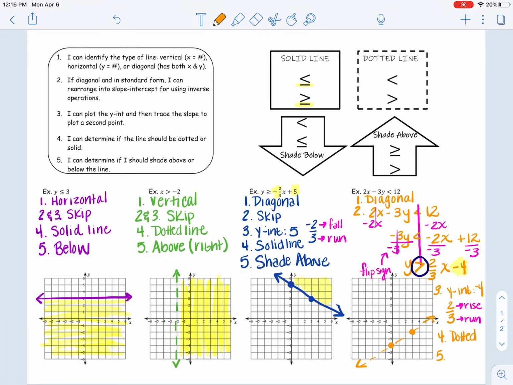And then step 5, shade above or below. Because it is greater than, I'm going to shade above. Okay, and there you have it. That's how you graph inequalities.